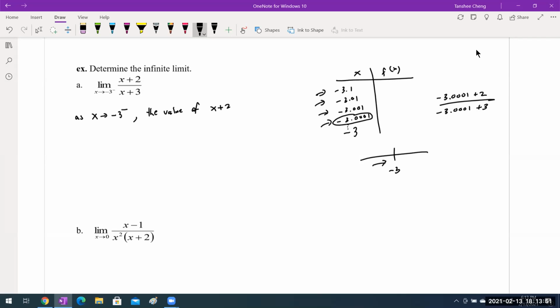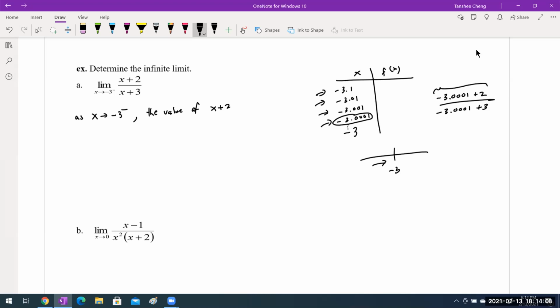What happened is this numerical number on the numerator part, the value of x plus 2, will be a negative number, but it will be a small negative number. But it's fixed.